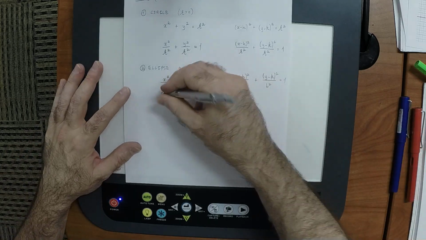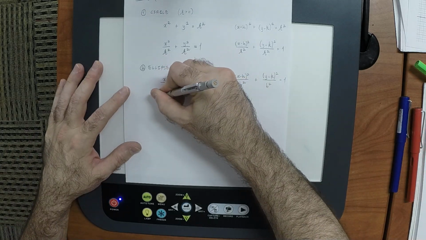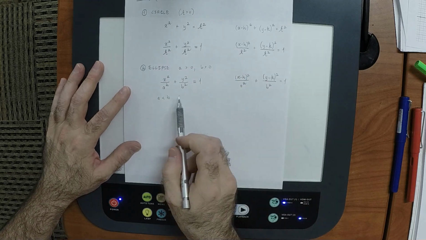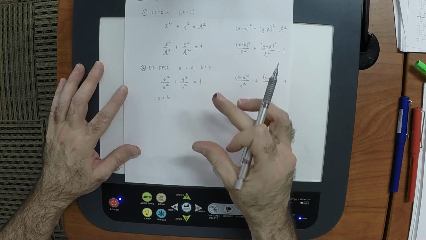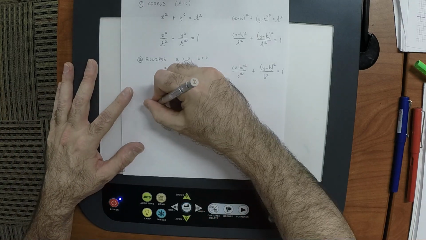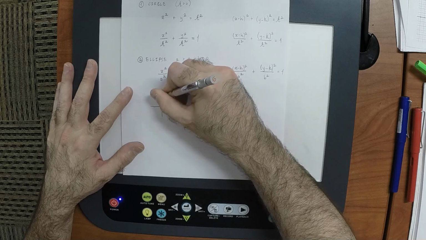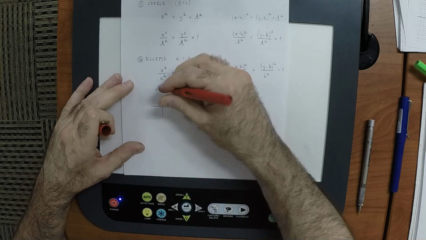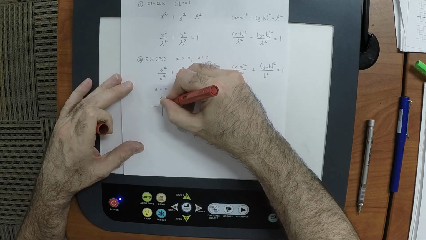So, meaning to say that if a is less than b, that means its variation in the b direction, or the y direction, is more than in the x direction. So it would look like this. So it would be tall.